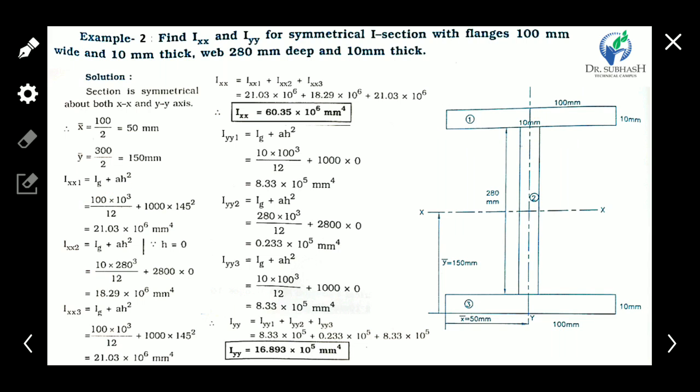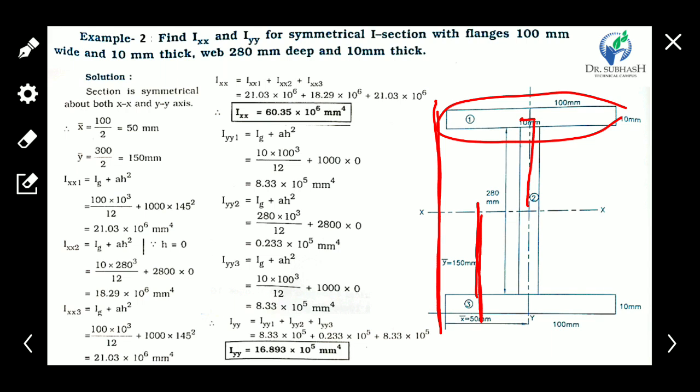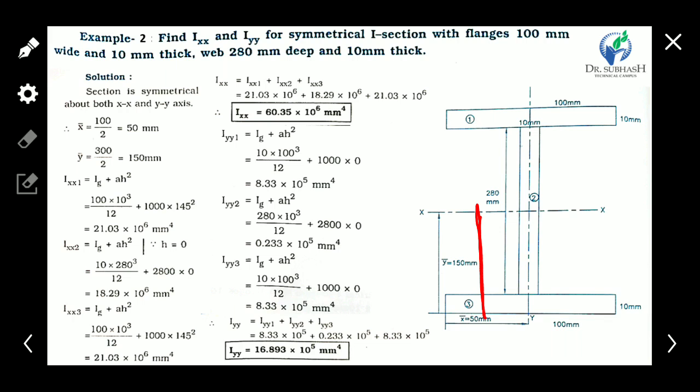Ig we can get directly through the equation, but we have to find the moment of inertia of this first element about the x axis. So we have to use the parallel axis theorem: Ig plus area into distance squared. The area of this element is 100 into 10, 1000 mm square, and distance h is the distance of the CG of the first element from the x axis. The total distance is 150, y bar is 150, but the CG is counted, so 5 is left.